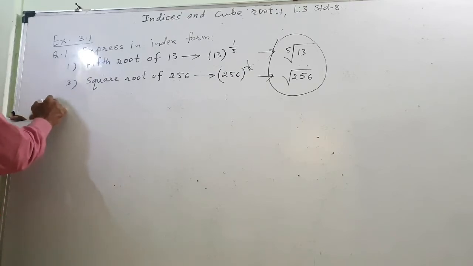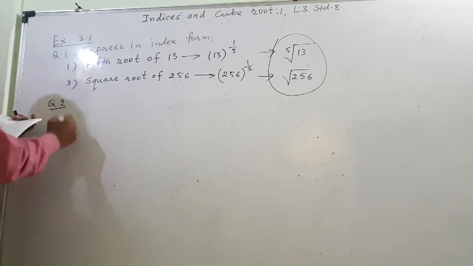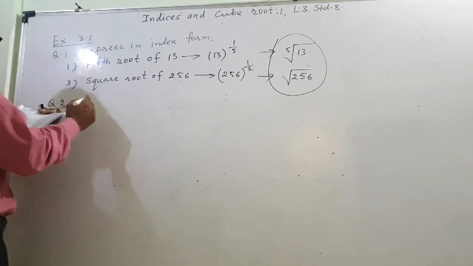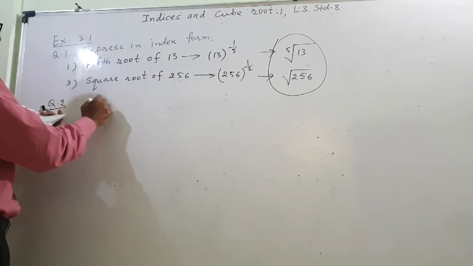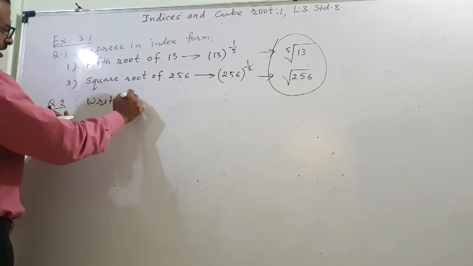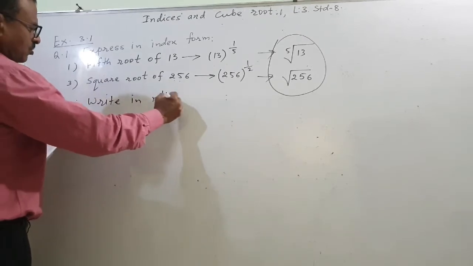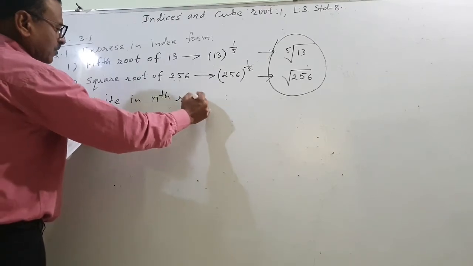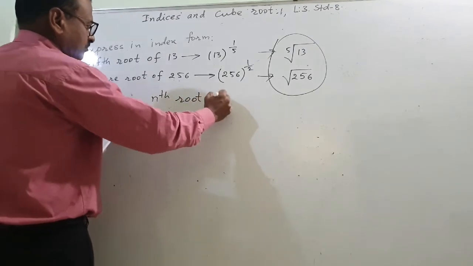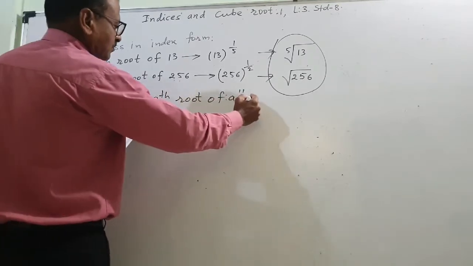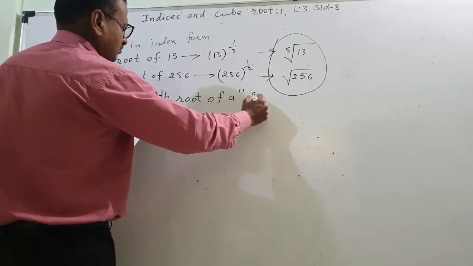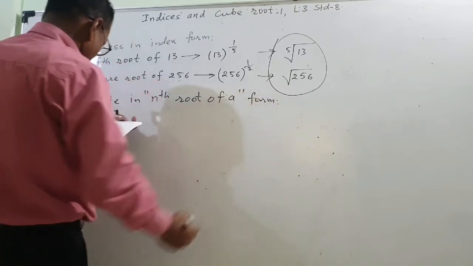So question number 2 now I am doing. Write in nth root of A. This form I want. This is your question number 2.